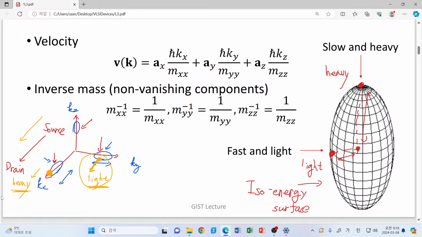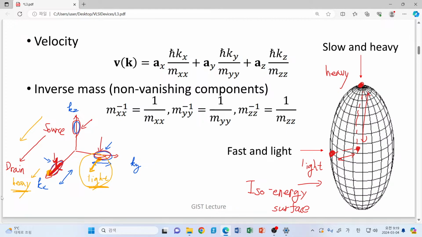Of course, we have to say that this one and this one and this one are all identical, so they have the same direction. For example, this one has heavy mass along this direction, but for the other direction it has a lighter mass.